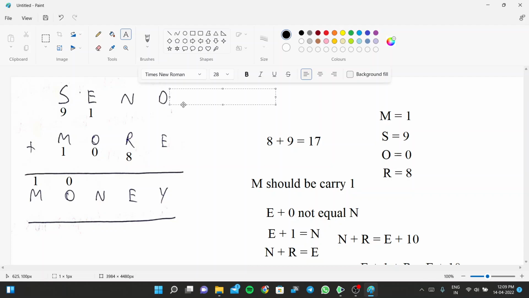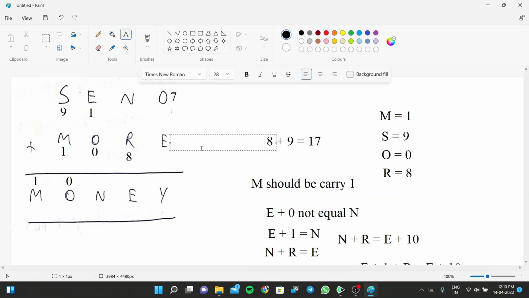So let us try with 7 or 5. 7 plus 5 gives me 12, so I can write the carry here. This becomes 2, and 1 plus 8 gives me 9. It doesn't make sense, so for that reason we need to come one step back.